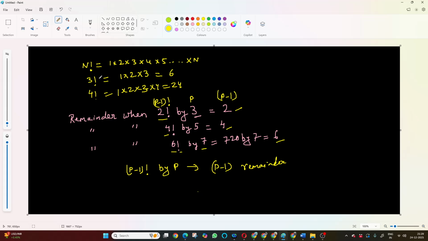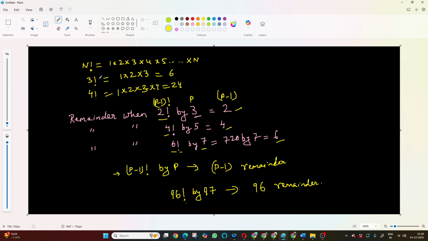So, for example, let's take a bigger prime number, 97. If 97 is a prime number, and the question is if 96 factorial is divided by 97, what is the remainder? Applying the same extrapolation logic and the rule that we saw above, we can say that the remainder will be 96, isn't it?